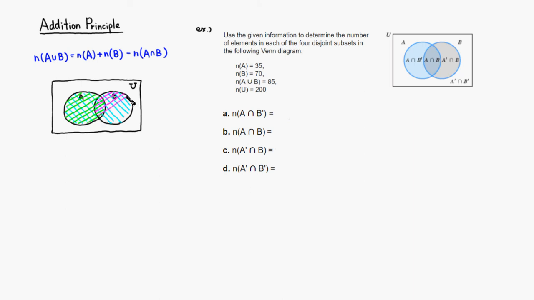You notice that we are counting the elements in A intersect B, which is in this region, twice. That's why we need to subtract the number of elements in A intersect B, because we're counting those twice. That's the addition principle.